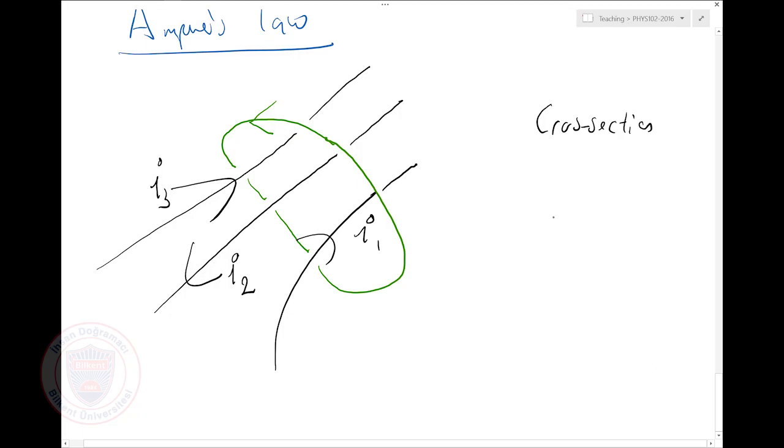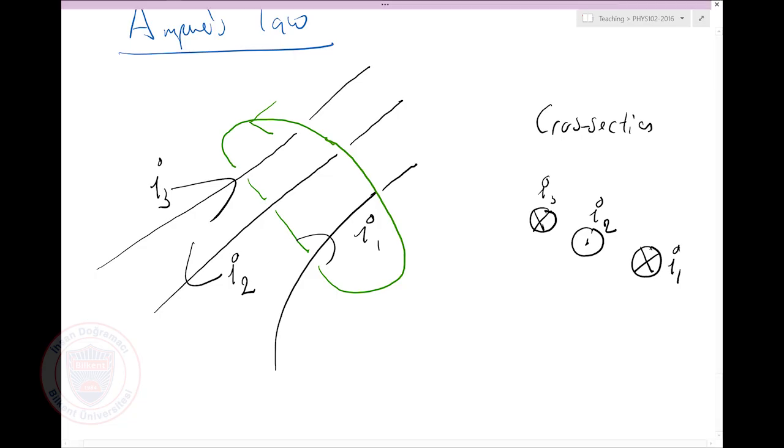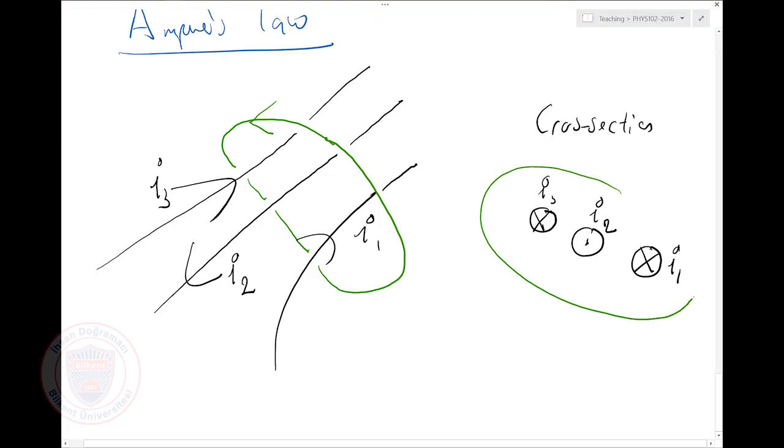What does it look like? I have one current I3 going in, another current coming out, which is I2, another current going in, which is I1, and I have the loop going around those currents.